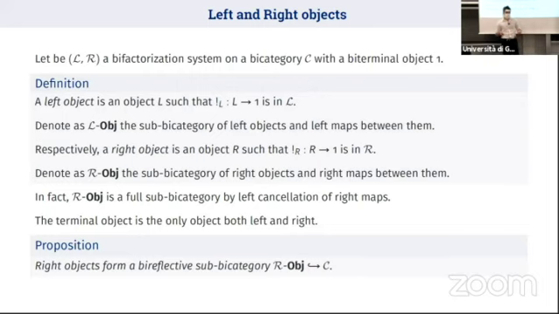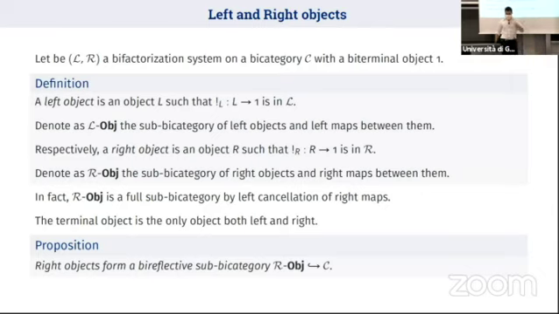And then, if you have a bicategory with a biterminal object and a bifactorization system on it, then you can classify the objects according to the class in which their terminal map into the biterminal object lies. For instance, you can define left objects, which are objects whose terminal map is a left map, and consider the sub-bicategory of left objects and left maps between them, and any two-cell between those left maps.